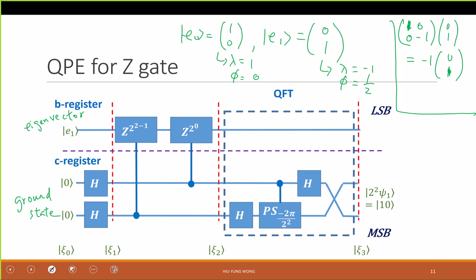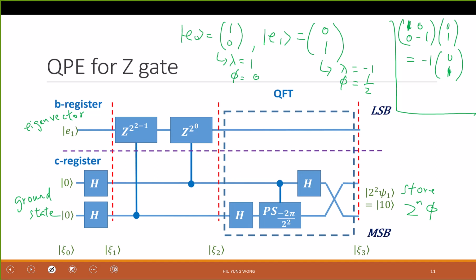In the C register, we start with 0, 0, right? Eventually, it will store the phase in the form of 2 to the power n times phi. Okay, instead of storing phi, it's storing 2 to the power n times phi. But you already know what n is, right?